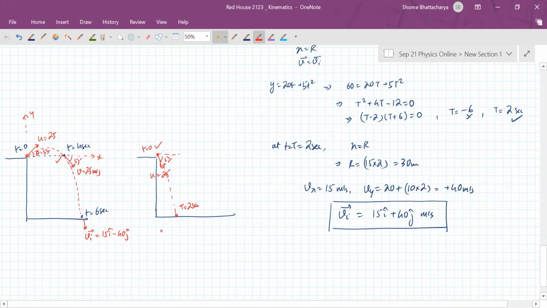And that is why the impact velocity here is the same. It's got a horizontal component of 15 and a vertical component of 40.